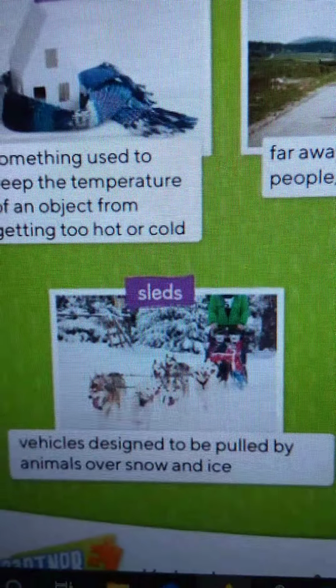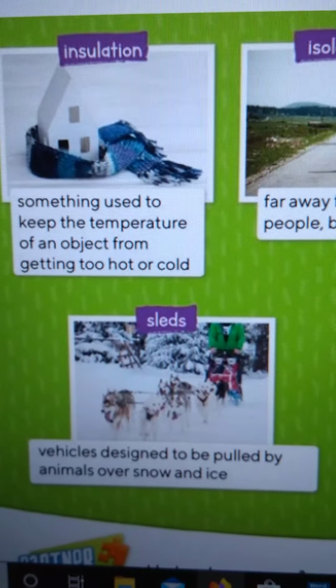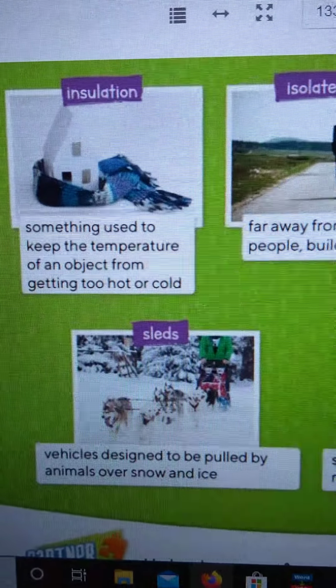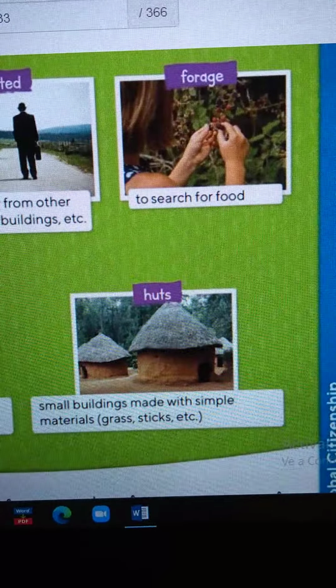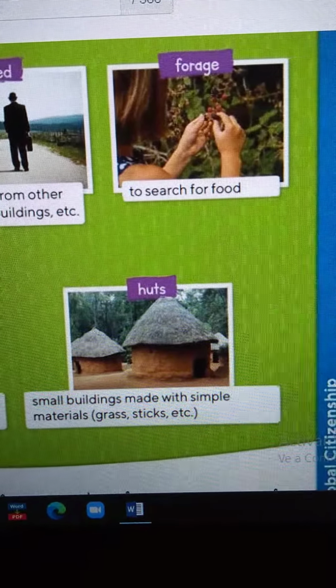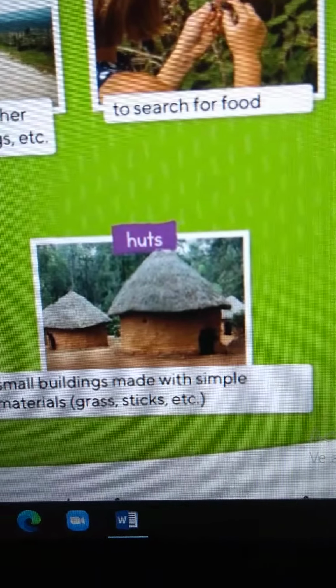So, in this case, by husky dogs, okay? It can also be pulled by reindeers and even horses. Sleds can be pulled by many different kinds of animals, okay? And huts: small buildings made with simple materials, grass, sticks, etc. So they are like tiny houses, okay?